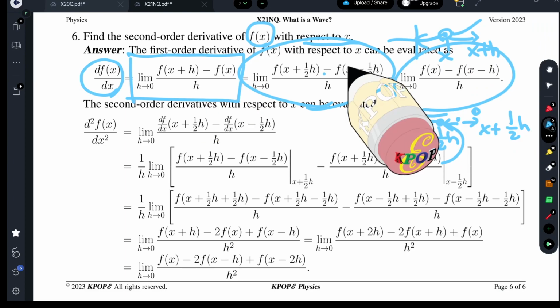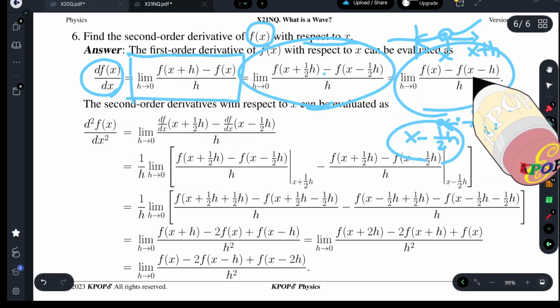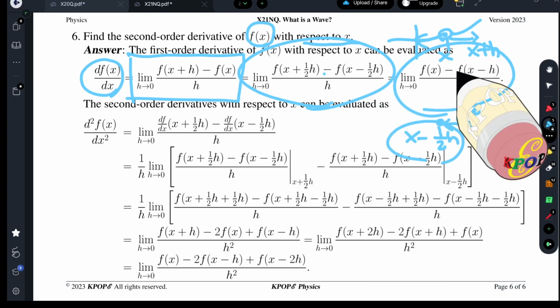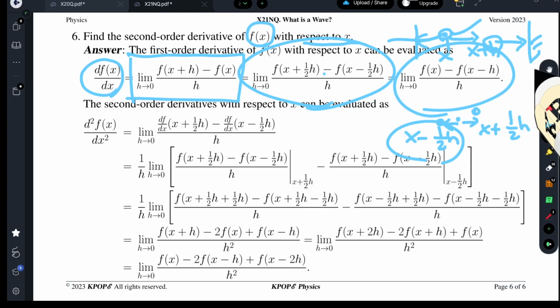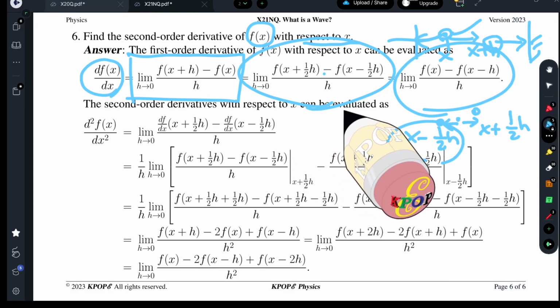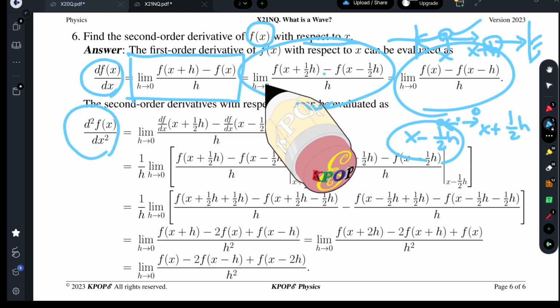Sometimes there is a discontinuity of the derivative, so one should be careful. But in most cases in physics there will be no problem, except for a case like bouncing a ball against a hard wall. The second order derivative with respect to x can be evaluated by recursive application of this.